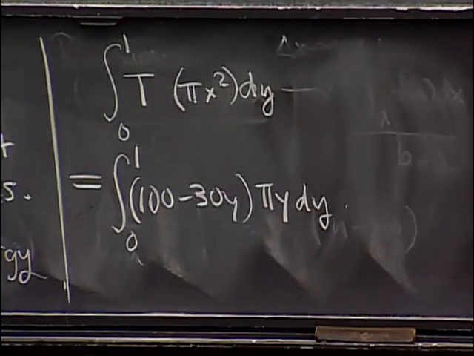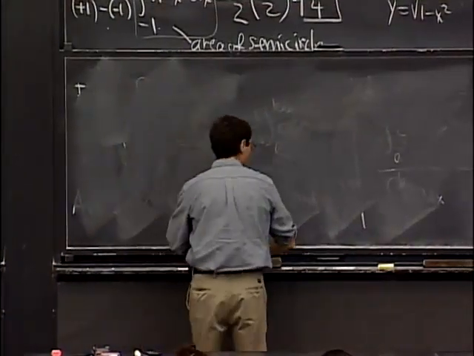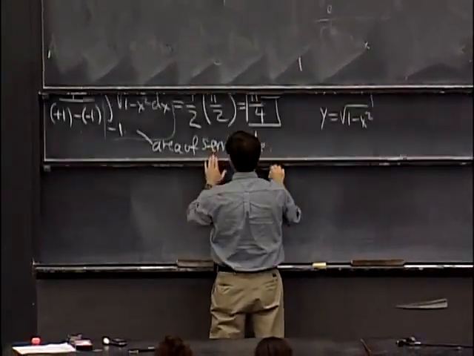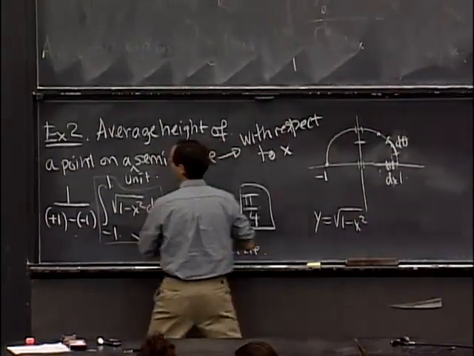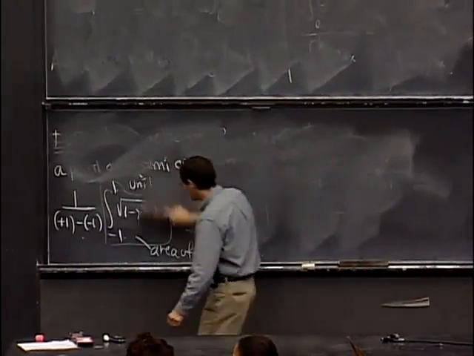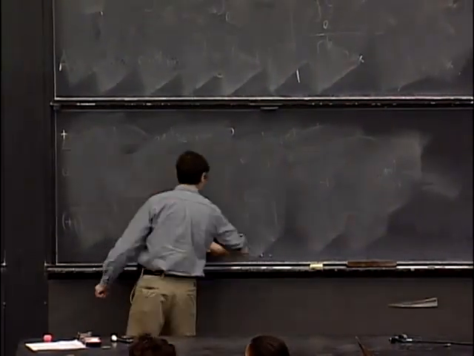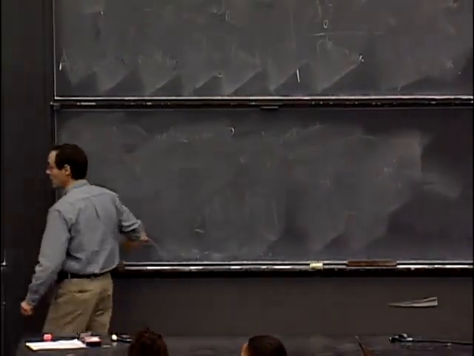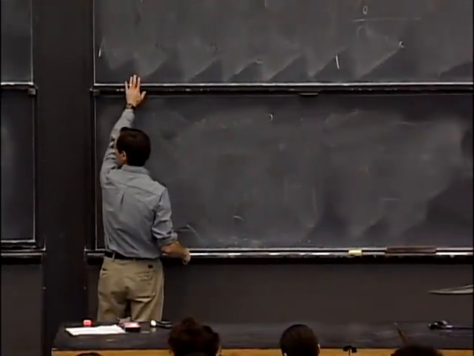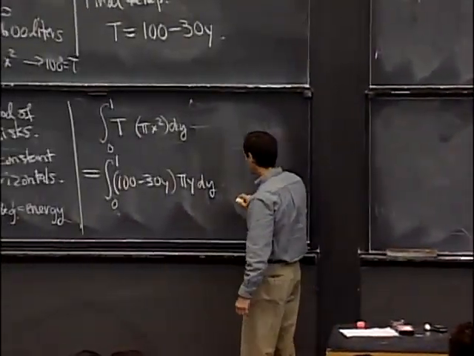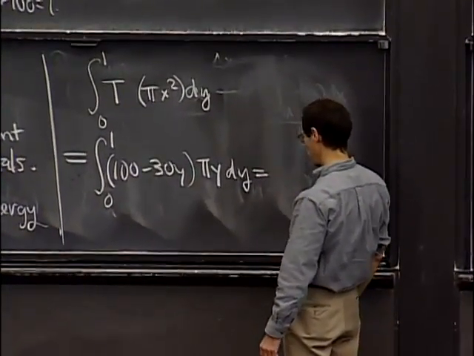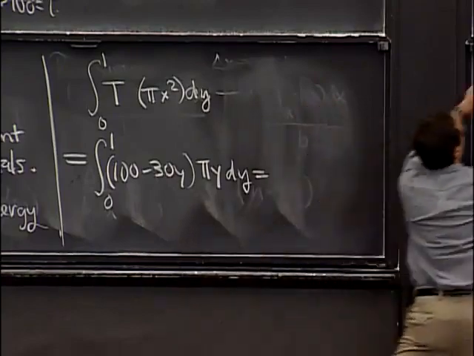Yeah, question? All right. Well, let's carry this out. Let's finish off the calculation here. This is equal to, what is it equal to? Well, I'll put it over here.